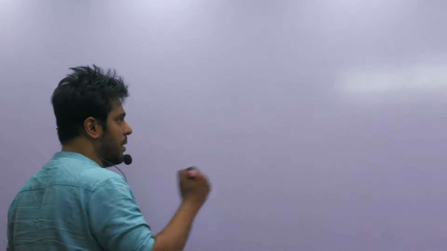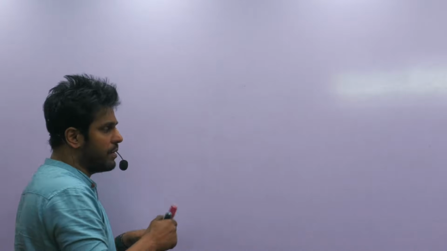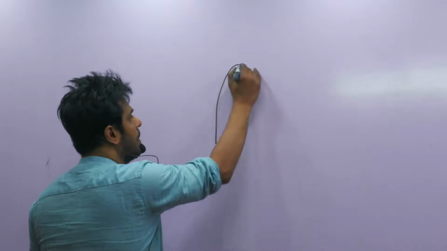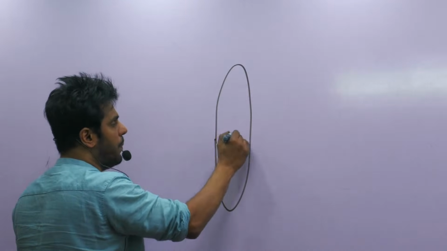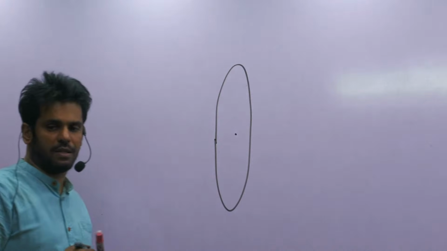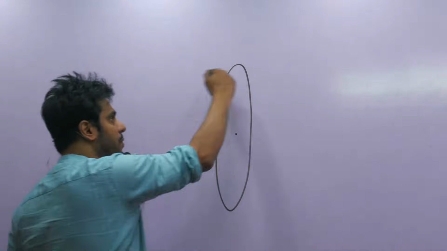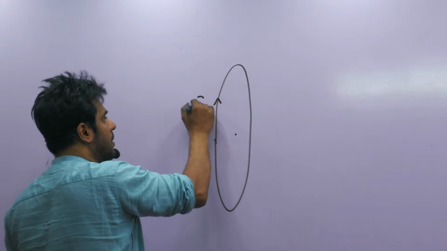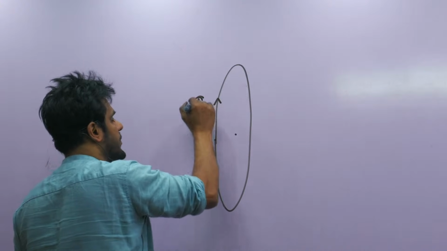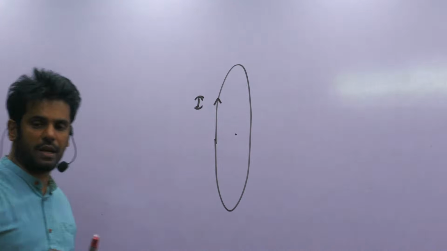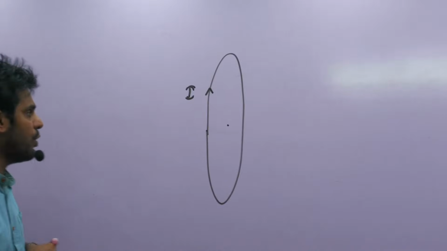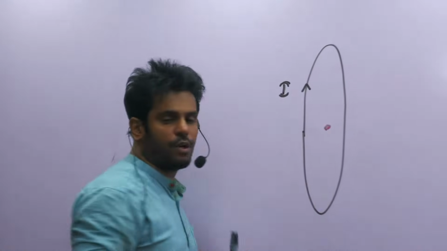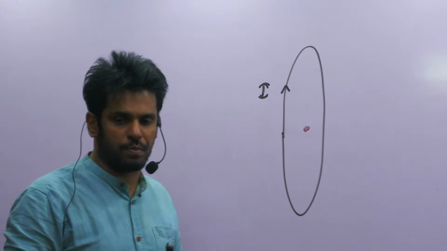Now, for example, assume the plane of the ring is parallel to the vertical direction, like this. This is the ring. It carries current I. Now here we are going to label the direction of magnetic field at the center of the loop.